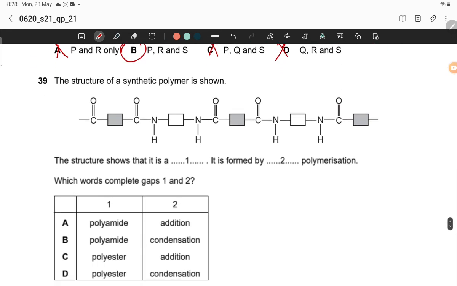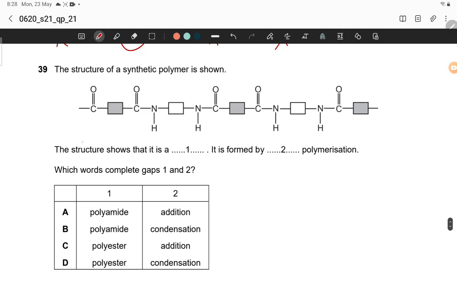The structure of a synthetic polymer is shown. The structure shows an amide linkage. It is a polyamide. It is formed by condensation polymerization.